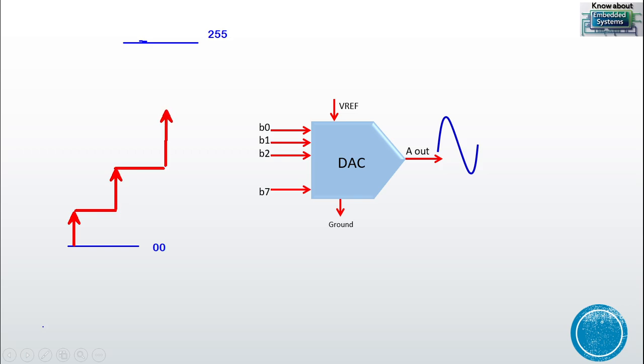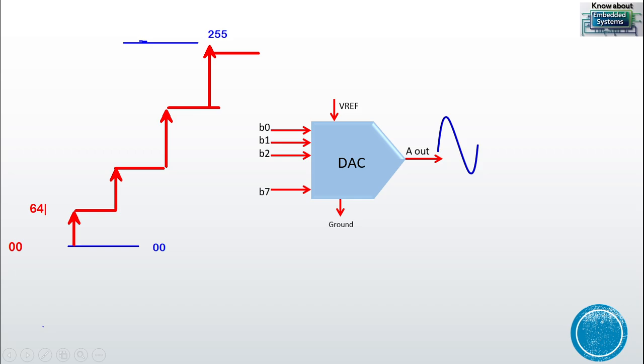I want to generate output like this. This is what my expected output is. I want to generate the staircase waveform. To generate this, I have to give different inputs for different time intervals. This is my 00, and this is my first step. I'll assign 0 to the DAC, and in the second step I will assign 64.